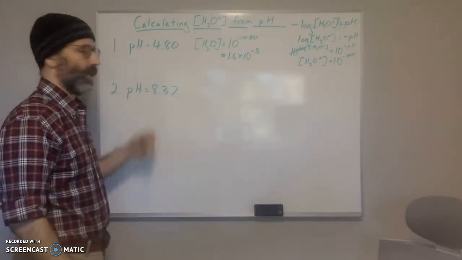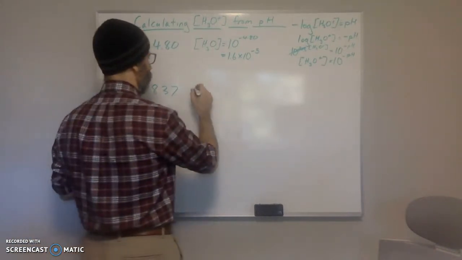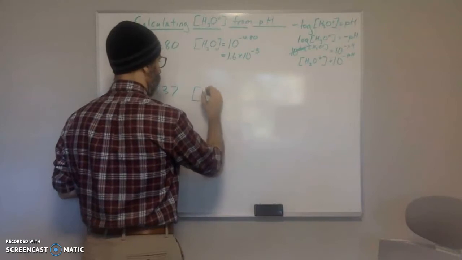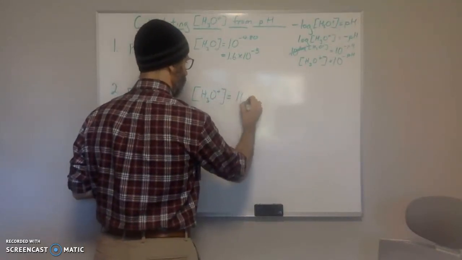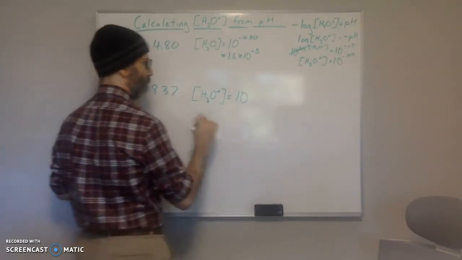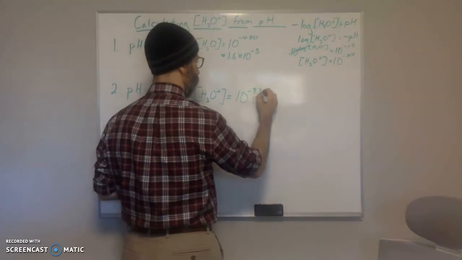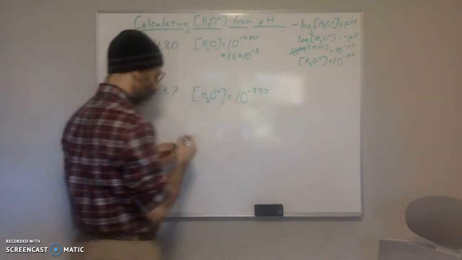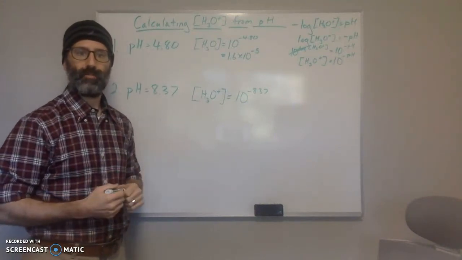What about this pH? Same thing. They gave you the pH. We know that the H3O plus concentration is equal to 10 to the negative of that pH, right? The negative of the pH, so negative 8.37. And now we just use our calculator to figure that out.